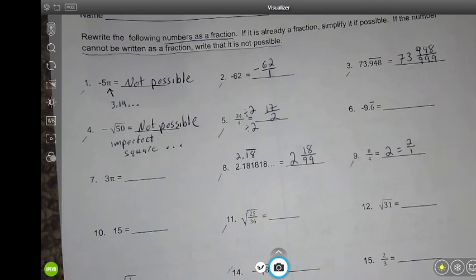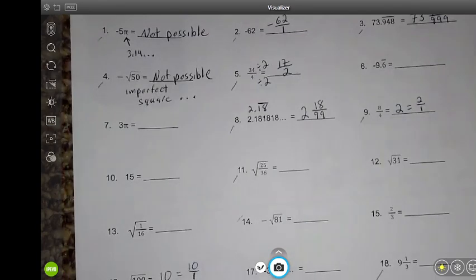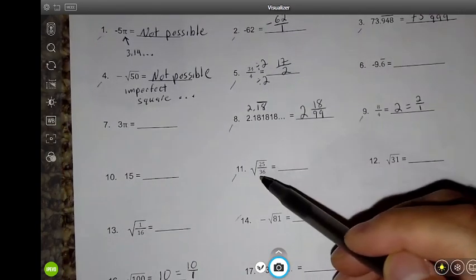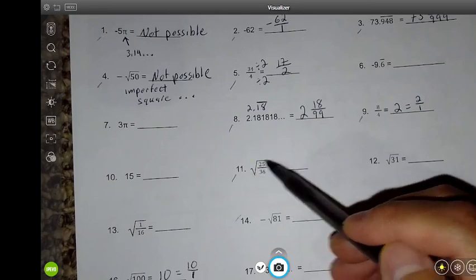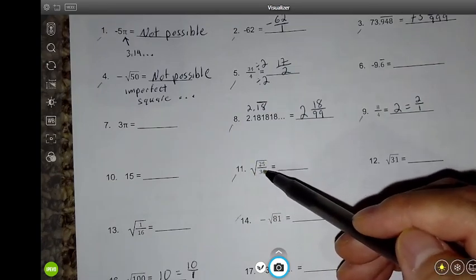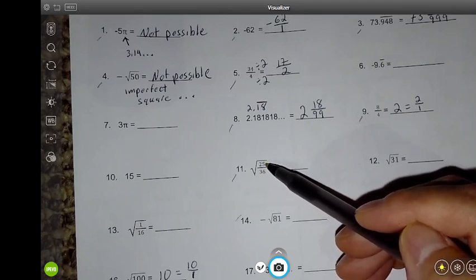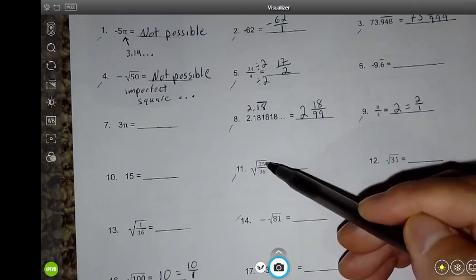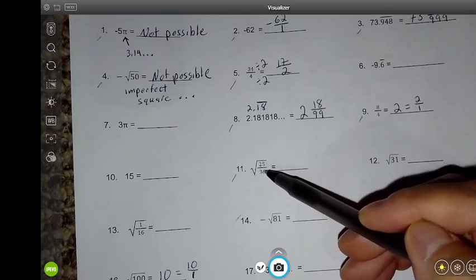Okay, all right. Number 11. In number 11, you have a radical sign, a square root sign. The numerator and denominator are both perfect squares. If you look on your notes, our perfect squares page with the flaps, 25 is on there, 36 is on there.